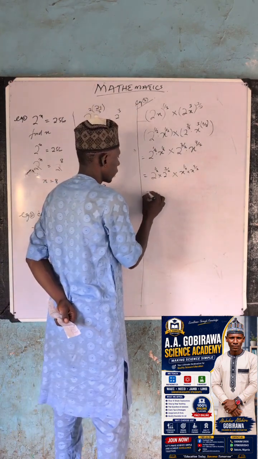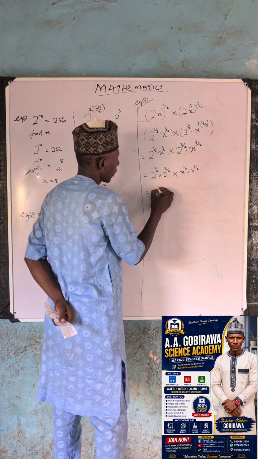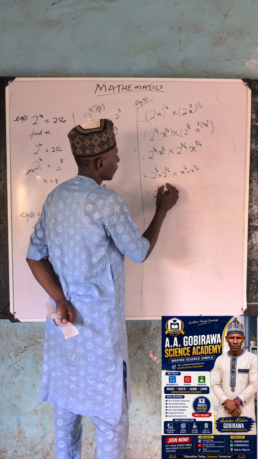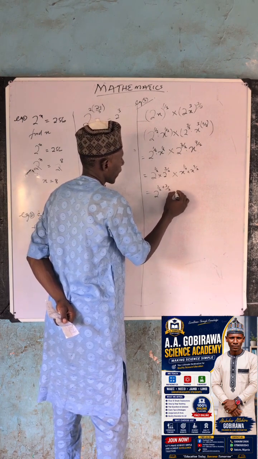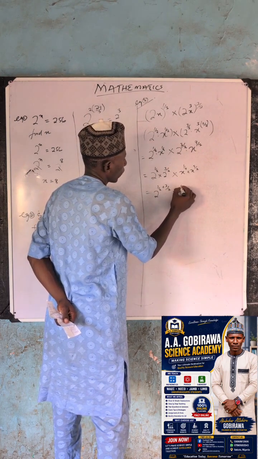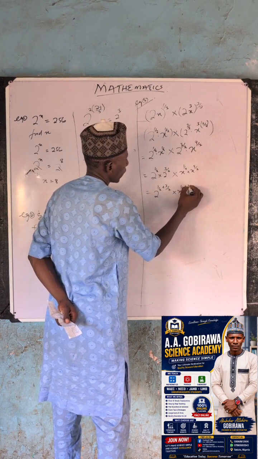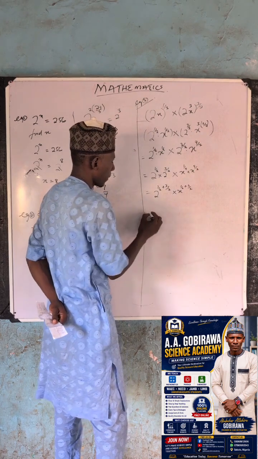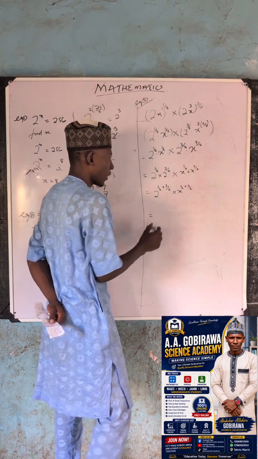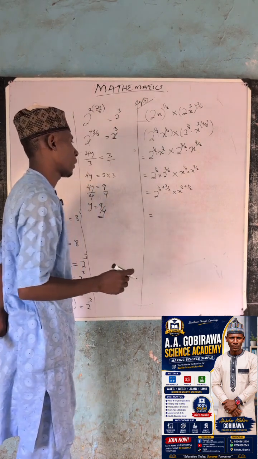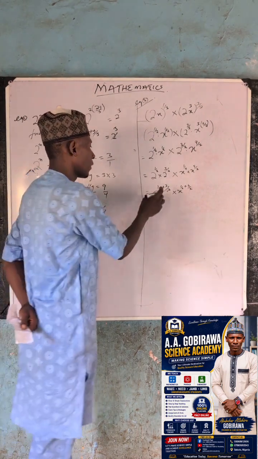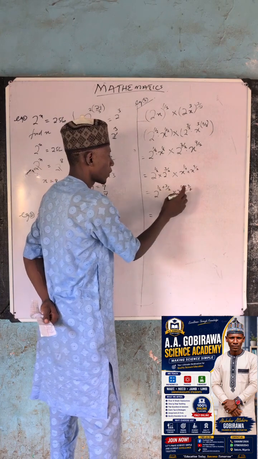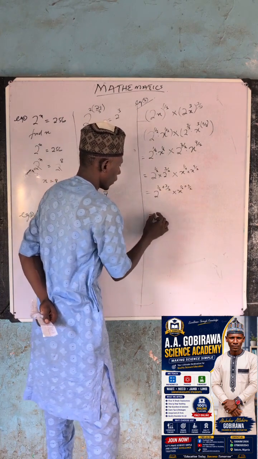So we have 2 power 1 all over 2 plus 3 all over 2, times x power 1 all over 2 plus 9 all over 2. From here we take the LCM of the 2 and the LCM of the x.